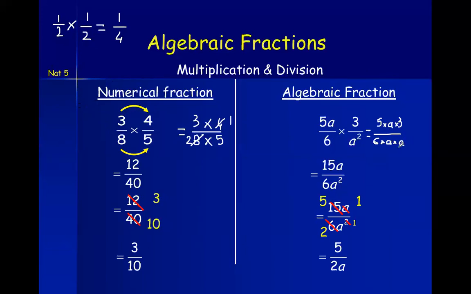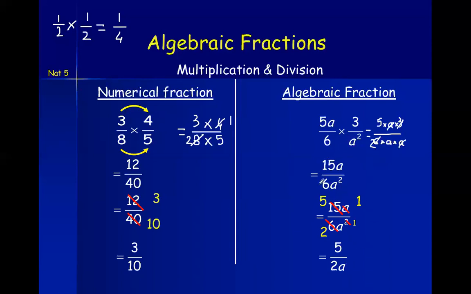So you could have said to yourself, oh, I've got a and a cancel each other because a divided by a is just 1. I've got a 3 and a 6. 3 divided by 6 is just a half. 1 and 2. And you've got your answer there. 5 times 1, which is 5, 2 times a over 2a.